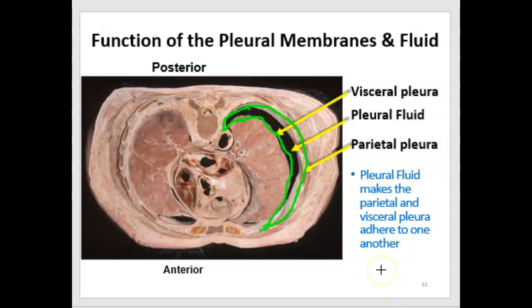So the pleural fluid makes the two layers of pleura adhere to one another. And so if you get expansion of the thoracic wall, it goes outward, then the lung is going to follow and also expand because of the presence of these two pleural membranes and the pleural fluid.